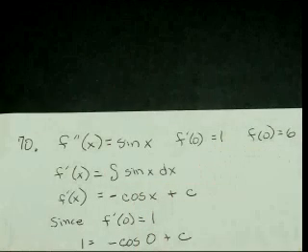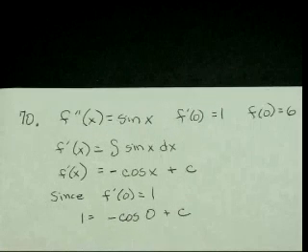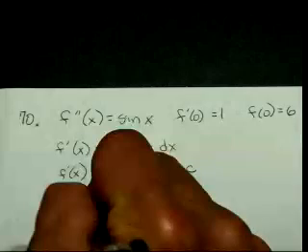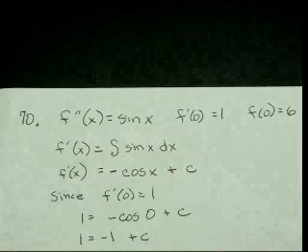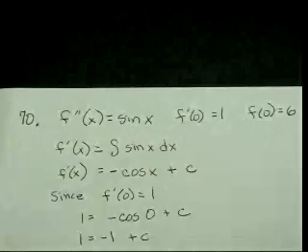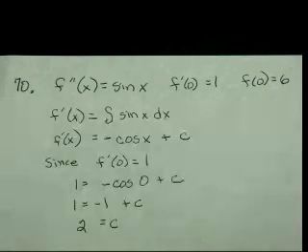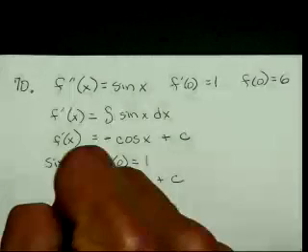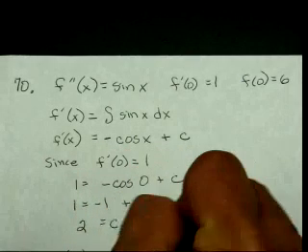What's cosine 0? 1, and then the opposite of that would be negative 1. So our constant is 2. And so the specific first derivative, not the general anymore, is negative cosine x plus 2.